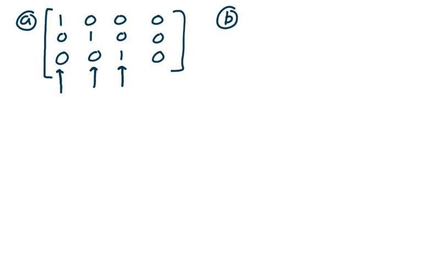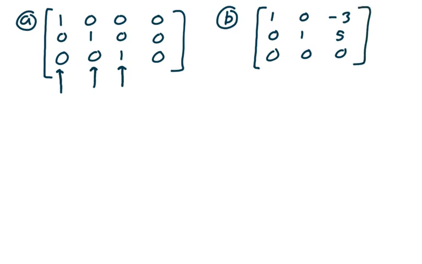So if we take a look at B, suppose I give you this one. The first row is 1 0 negative 3. The second row is 0 1 5. And the third row is 0 0 0. So this matrix is in row echelon form. Absolutely no question.